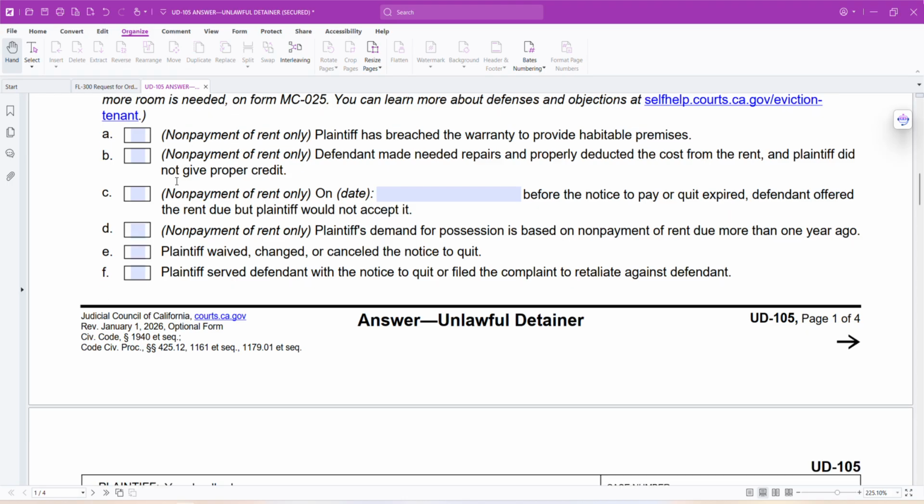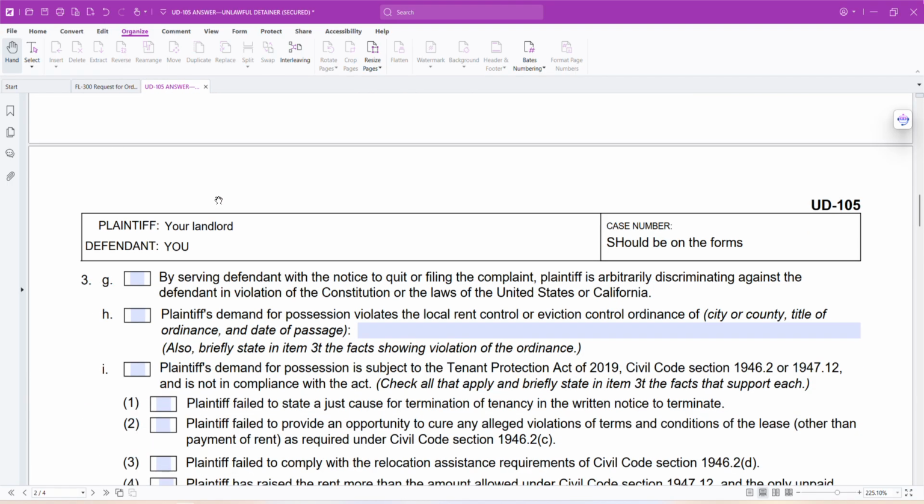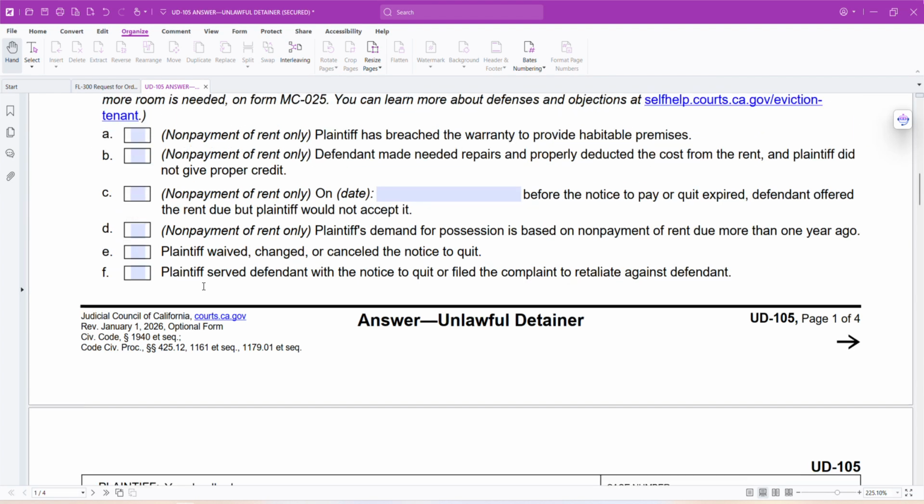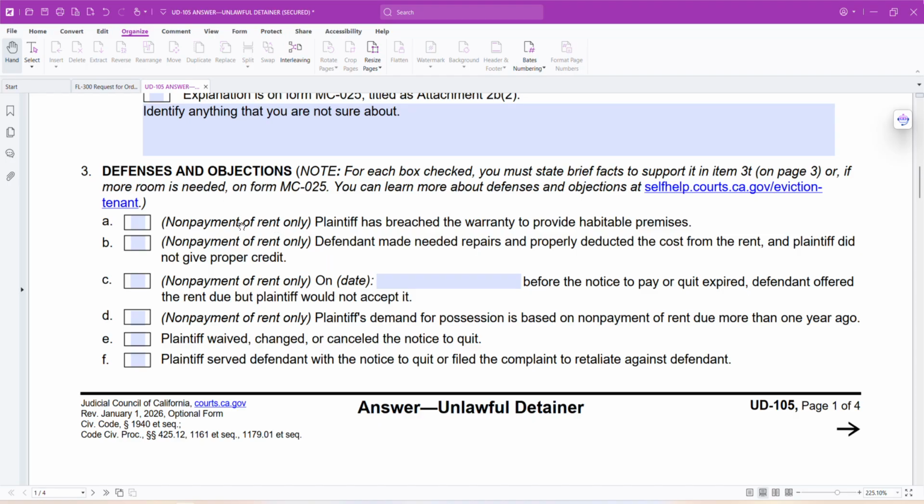You can go through and mark any of these or all of these that apply to you. For example, if there are problems with your house that make it so that you can't live in it or shouldn't have lived in it because maybe there's no heating, because maybe the roof is completely missing, that may be a reason for you to not have paid rent.